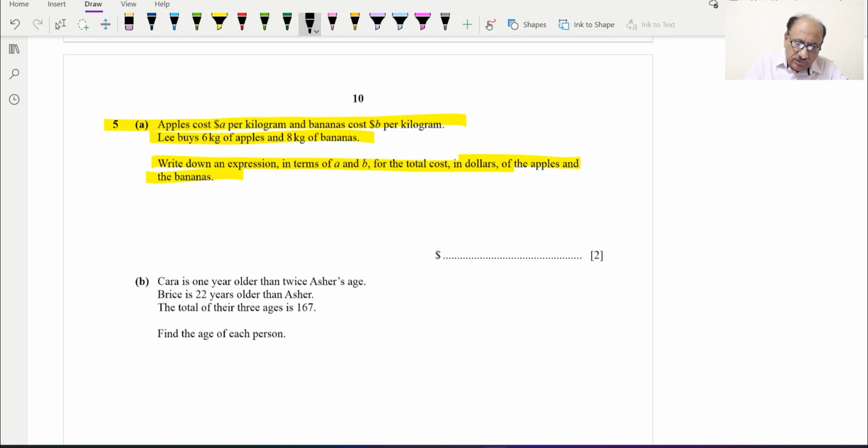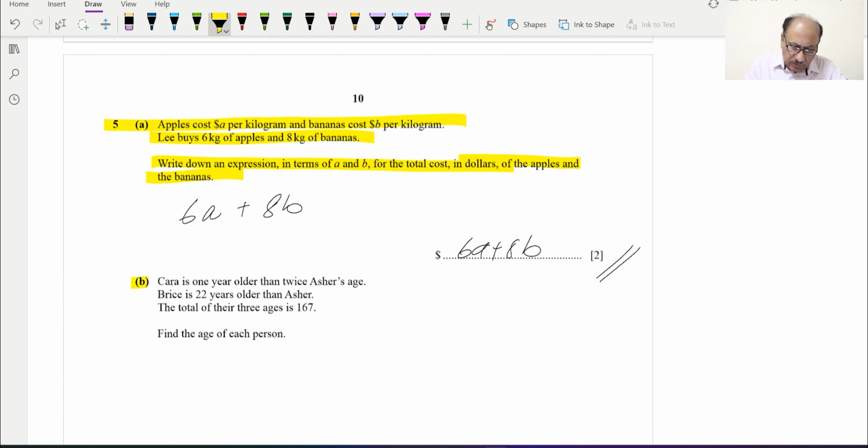So that will be 6 for each kg of this one. So 6A plus 8B, and this will be the expression which we can write, 6A plus 8B. For 2 marks, it's a writing algebraic expression question.